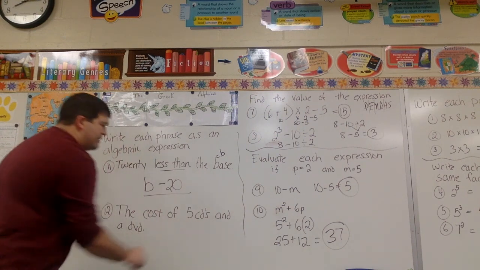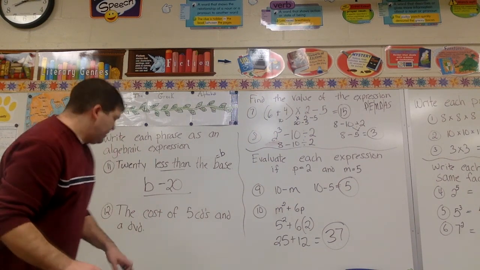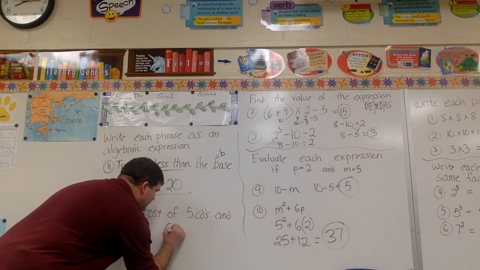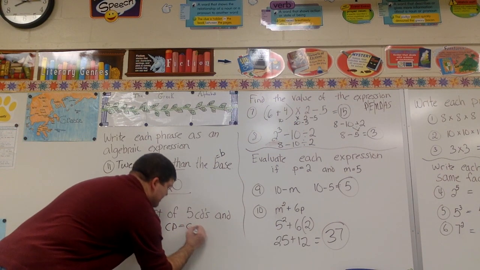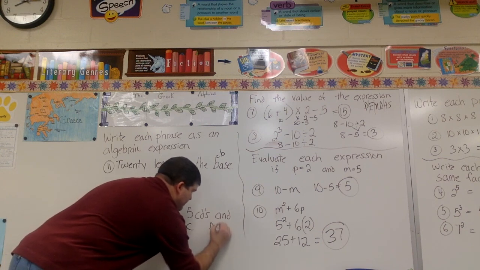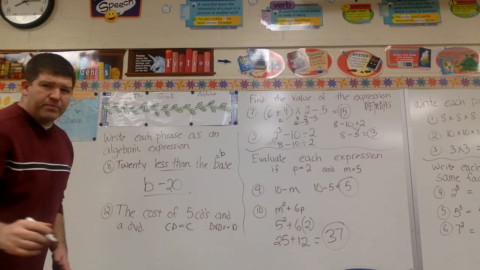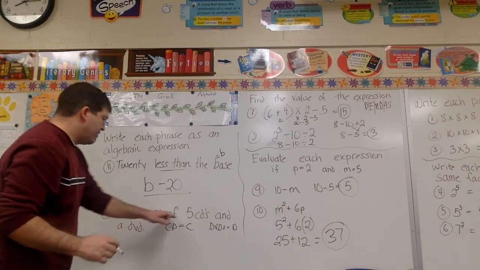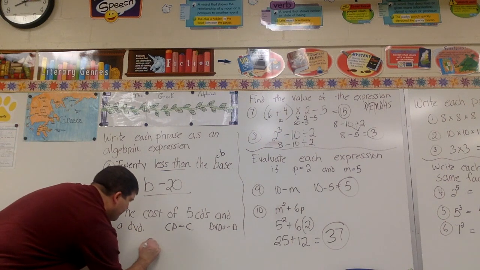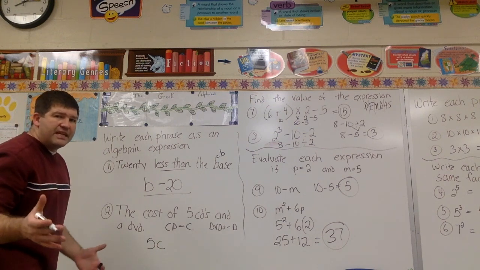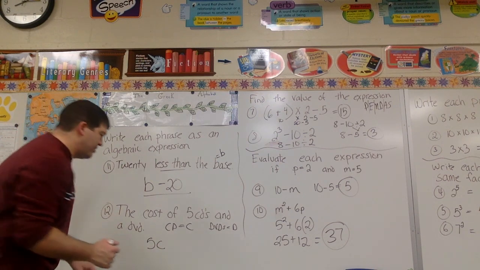Okay? This one, the cost of 5 CDs and a DVD. The cost of 5 CDs, do I know how much a CD costs? No. Do I know how much a DVD costs? No. So I'm going to say CDs equals C, DVDs equal D. So those are my variables, all right? Now the cost of 5 CDs, if I have 5 CDs, so it'd be 5 times C, that's how much that would be.